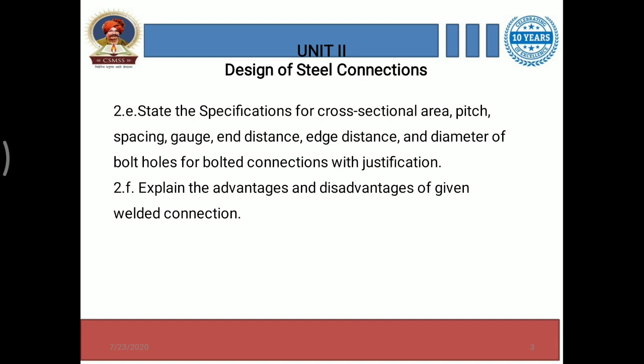These theory points are also very important in case of design. Explain the advantages and disadvantages of welded connections, and the different types of welded connections and their details.